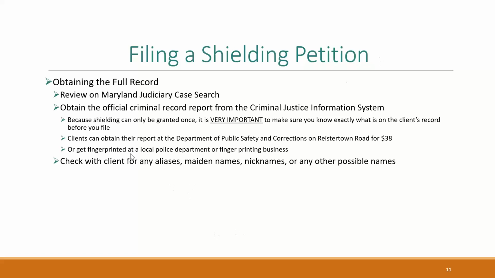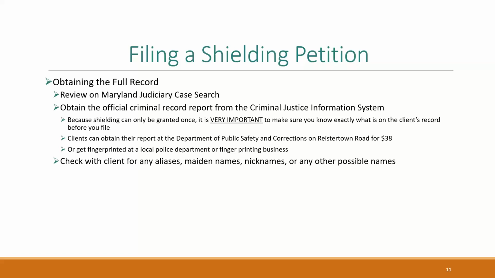So what I was saying about shielding, this slide here, is because you can only shield once during your lifetime, it's really critical to get the full picture of what is on that client's record, because you could potentially be putting yourself at risk of some sort of complaint.